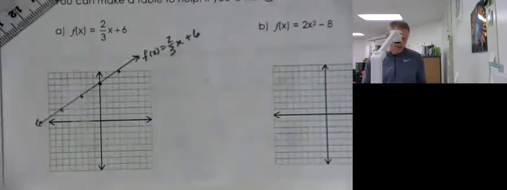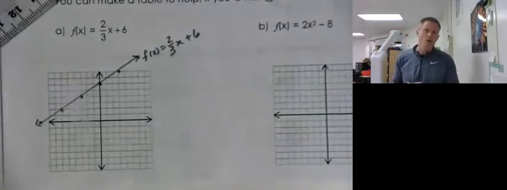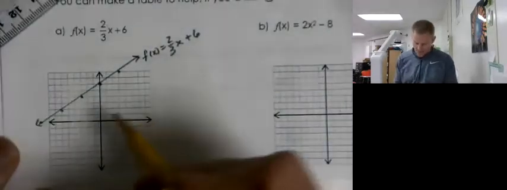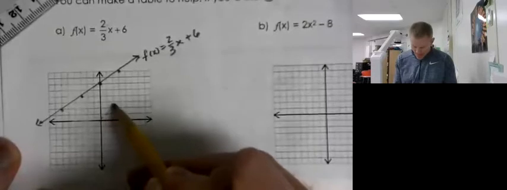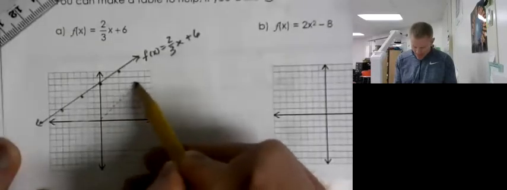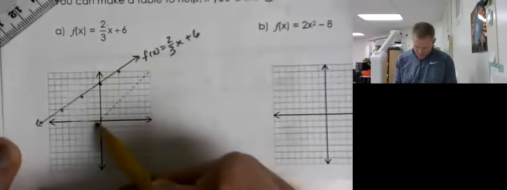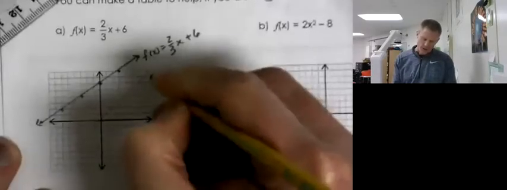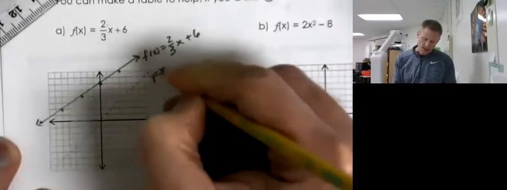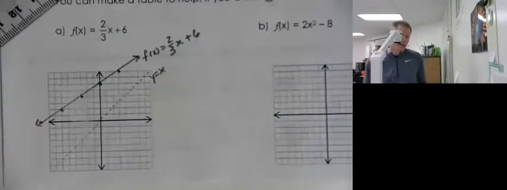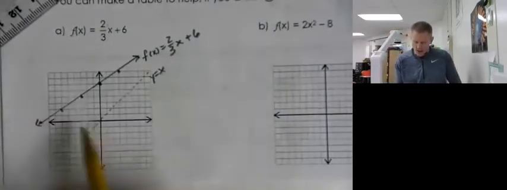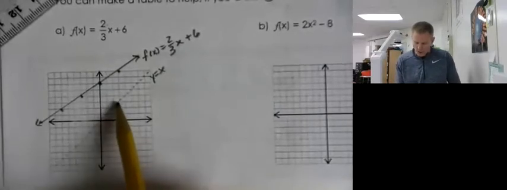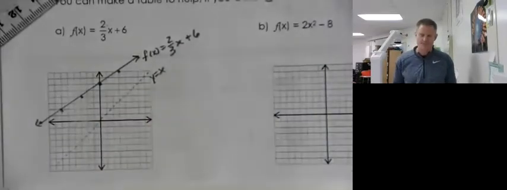Now, for us to graph the inverse, we have to reflect it over the line y equals x. So that's our line y equals x. It has a slope of 1. It goes through 0, 0, up 1 over 1, up 1 over 1. It goes right through that line.